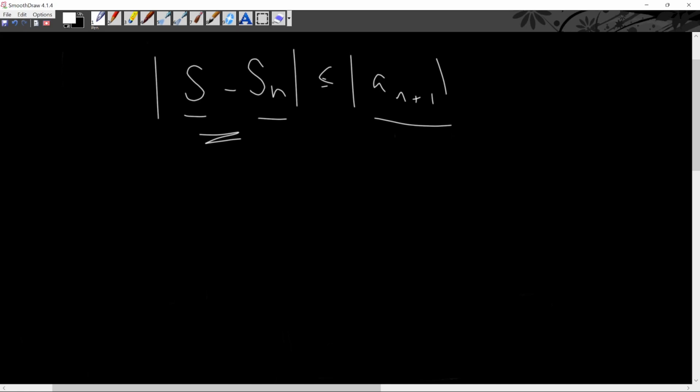Well, not ratio test exactly, but the idea behind it is you have the n plus 1th term of some function of x, and if you multiply it by the max value that f of x can achieve on some specific interval, then you get the maximum error that your approximation can be, depending on how far you are away from the center. So that's the Lagrange error bound. We will probably talk about it more in depth in a later video.